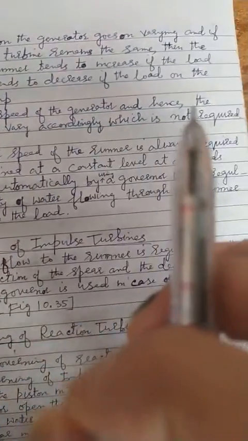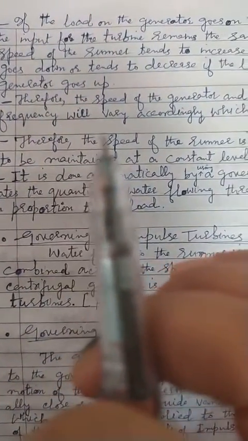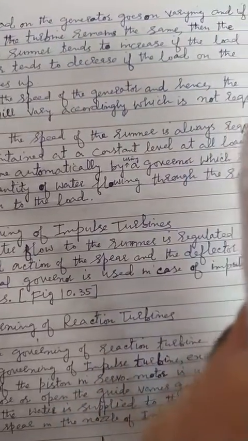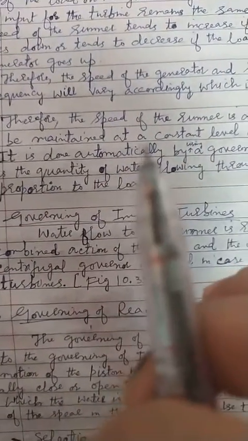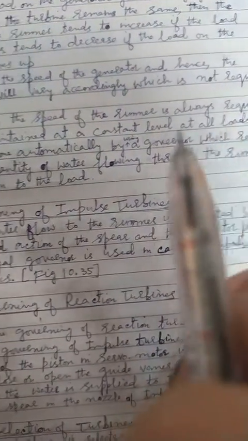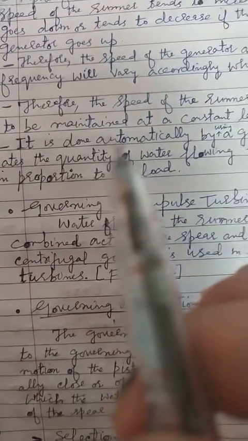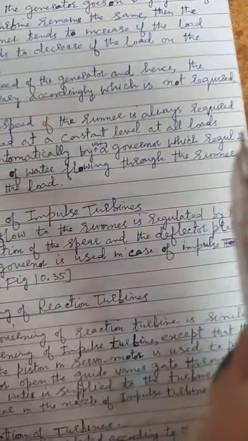Therefore the speed of the generator and hence the frequency will vary accordingly, which is not required. Therefore the speed of the runner is always required to be maintained at a constant level at all times.